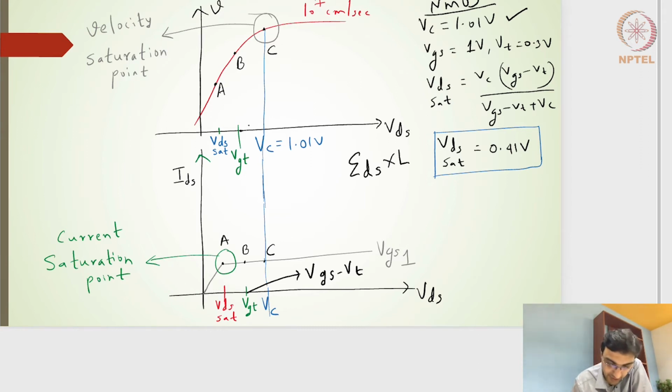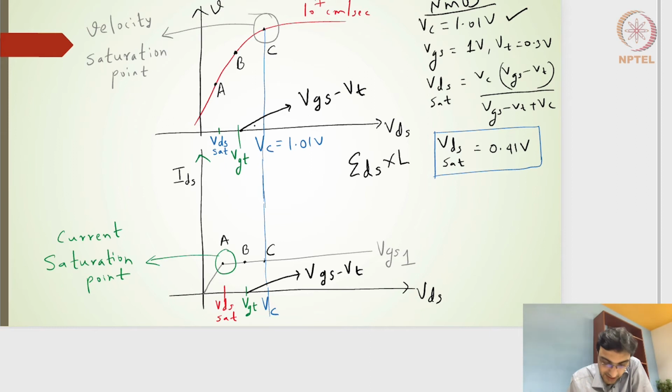Right, the same thing here, VGT is nothing but VGS minus VT. This is where the pinch off region is achieved. So this represents the point B in the velocity profile, and this represents the point B in the current profile. Okay, and let's say the critical voltage which we have calculated is 1.01 volts.